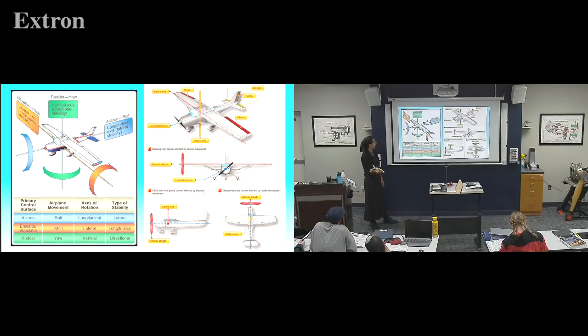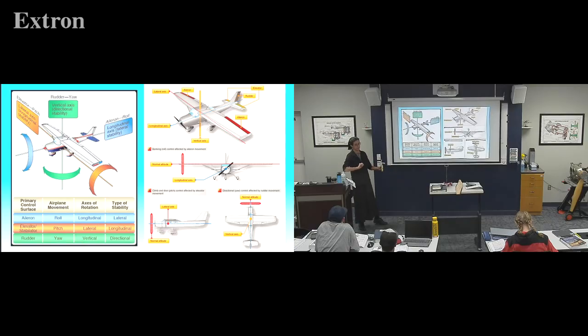If I go right between the passenger pilot seat, I'm not spearing any person, that is my vertical axis. So vertical axis from top to bottom, lateral axis, wingtip to wingtip, longitudinal axis, nose to tail. Questions on that?